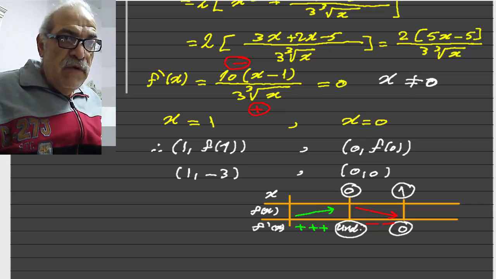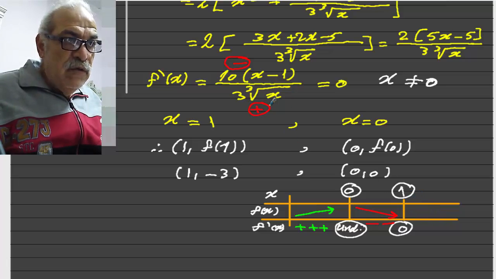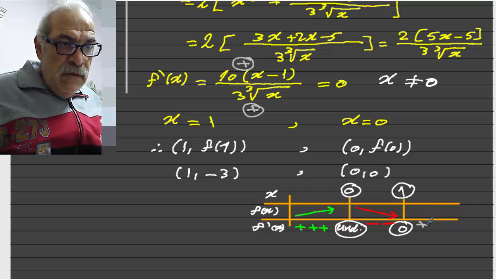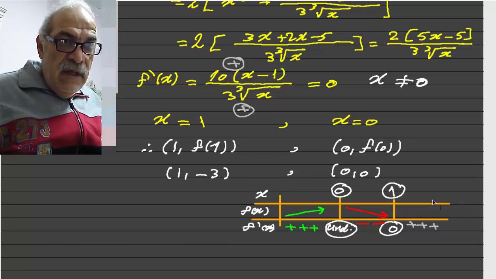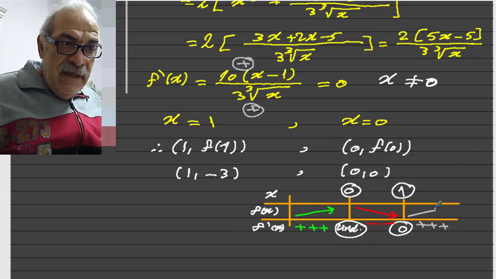And we check for x greater than 1, like 2. If you take x equals 2, 2 minus 1 is positive, and the denominator is positive also. So here is positive, and the function is increasing on this interval.